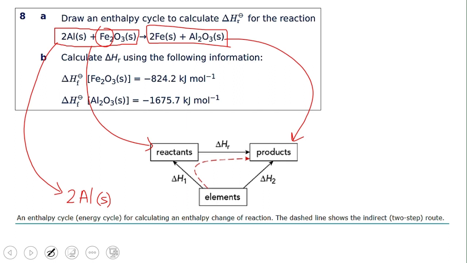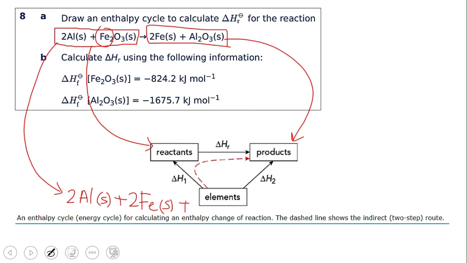Why can't we write Fe2 here? Because Fe doesn't exist in the form of a diatomic element. It exists in the form of monoatomic Fe. So we have to write 2 times Fe again in the solid state.